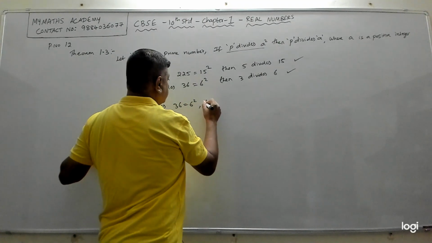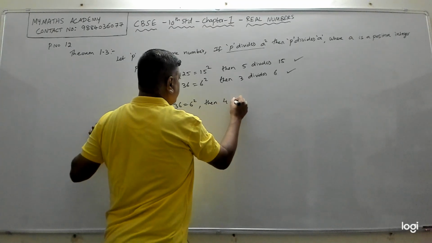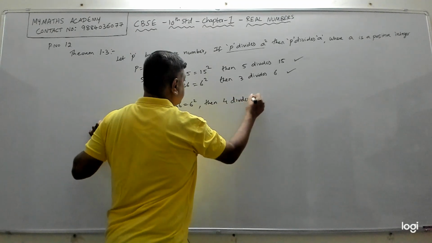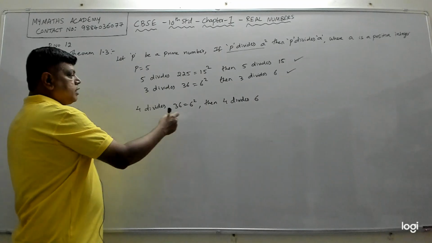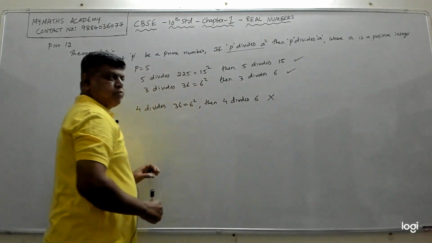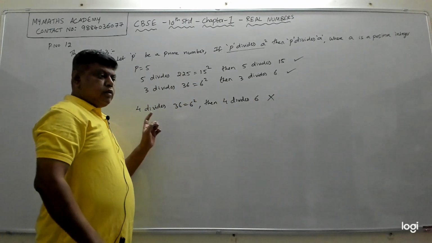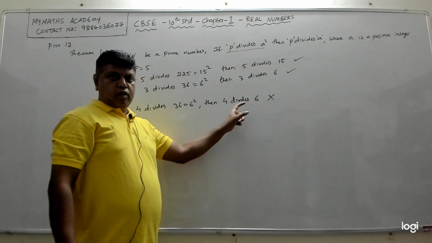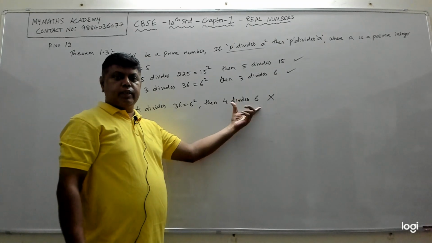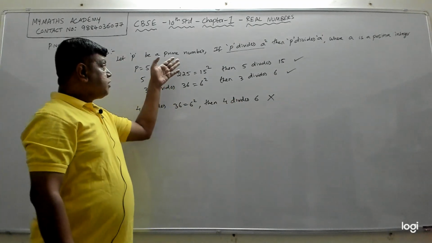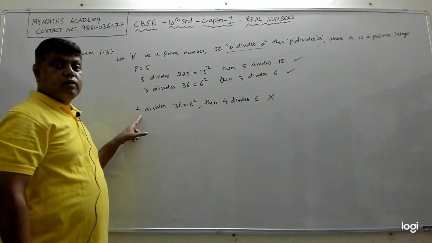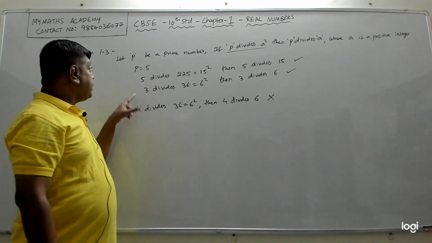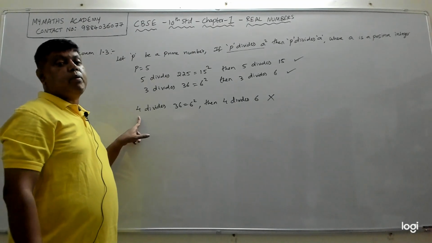But then can we say 4 divides 6? We cannot say this. Can 4 divide 6? No, 4 cannot divide 6. So this statement is failing. Why? Because we are taking P as 4, and 4 is not a prime number.